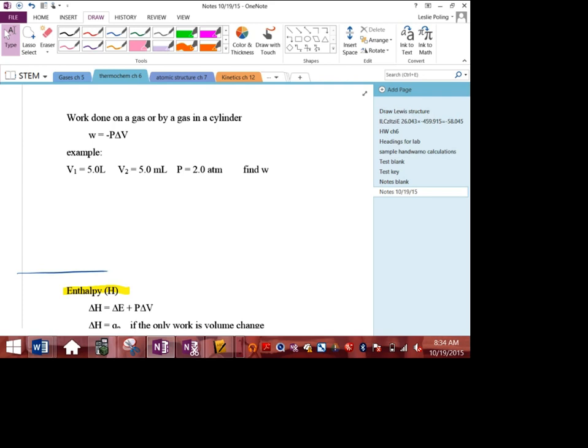It expands, and so it's making the volume larger. So, work done on a gas or by a gas in a cylinder is based on the pressure and volume. So, it's negative P delta V. So, what does delta V mean? Change in volume. Okay?